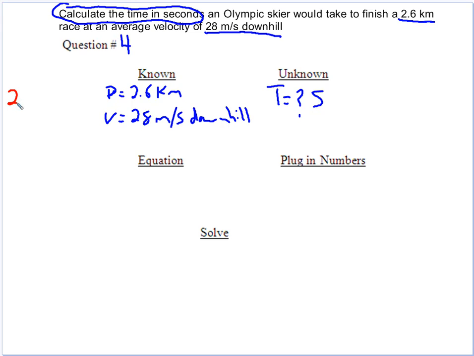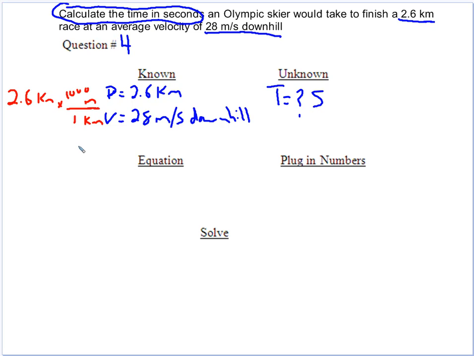and it's going to be 2.6 kilometers. And we put kilometers on bottom, meters on top. There are 1,000 meters in 1 kilometer.